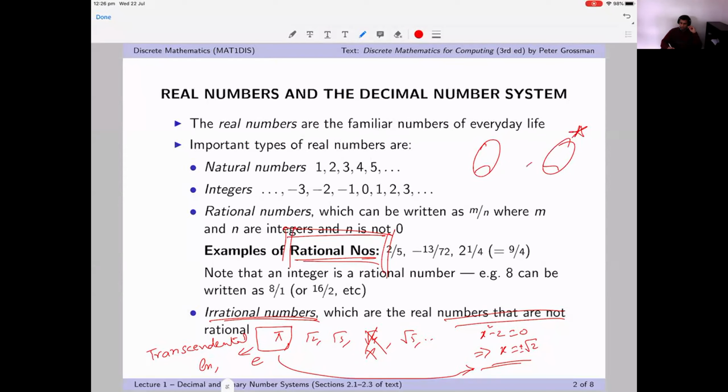Irrational numbers are way, way more, the cardinality of it is way more than rational numbers. Numbers of this kind, square root 2, square root 3, e, pi, log, and all that, they are way, way more than rational numbers.